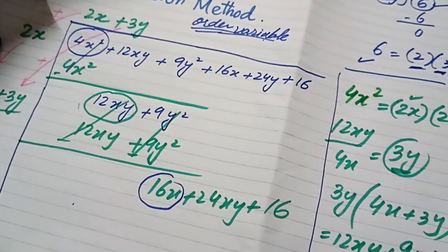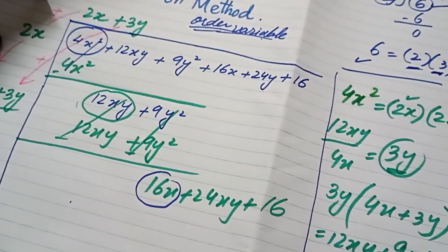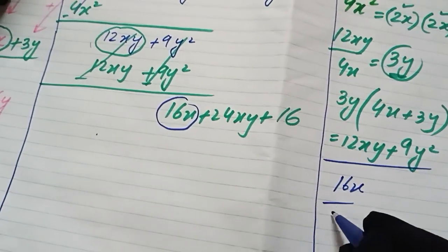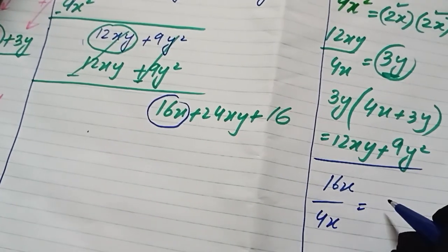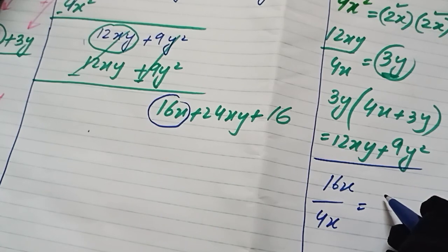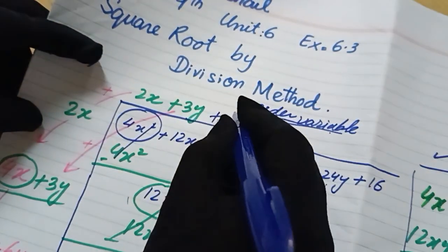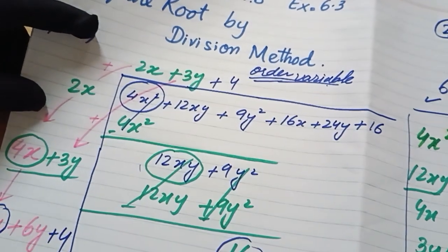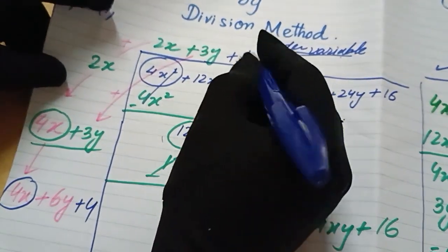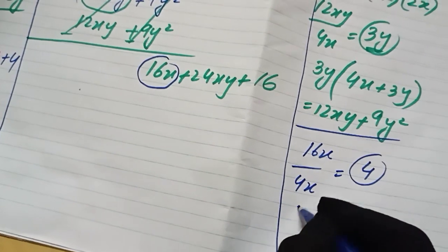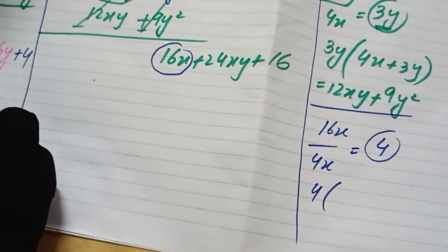So first term divided by first term, 16x divided by the term of the divisor 4x. x cancels, 16 divided by 4, answer 4. Write down this as the third term here and the third term here. Then multiply this third term, meaning multiply this with the complete made divisor.